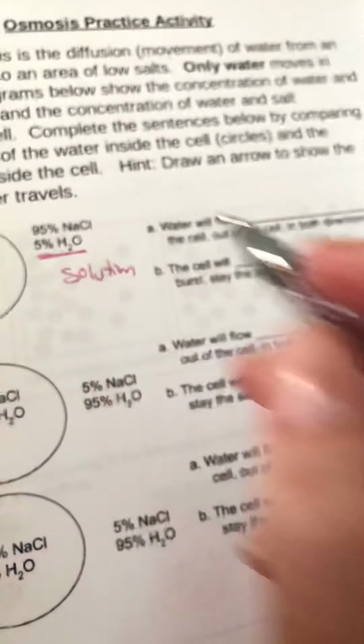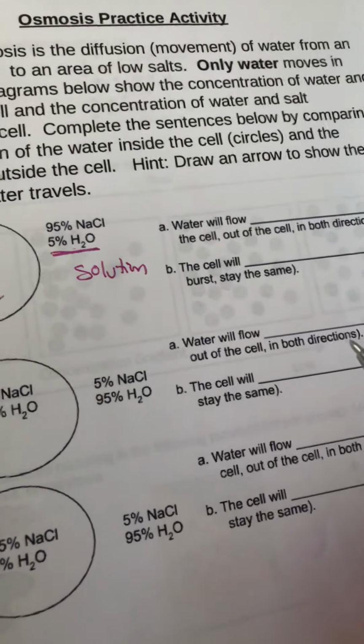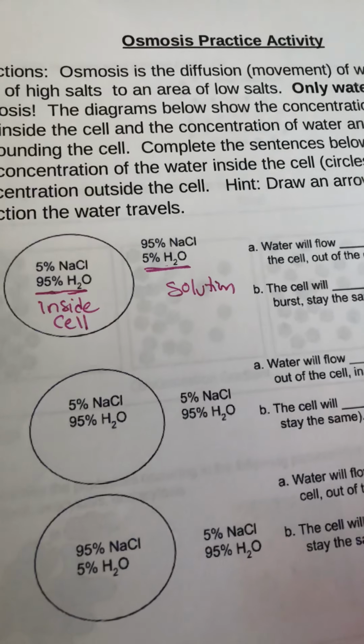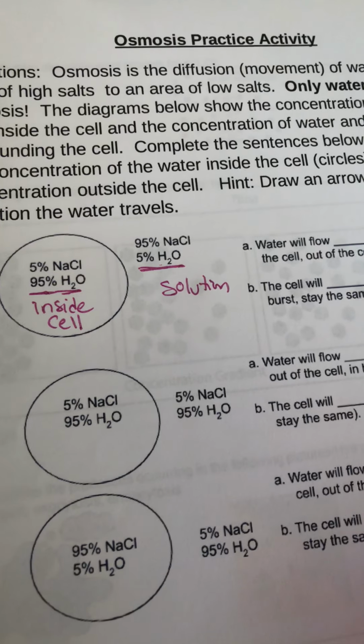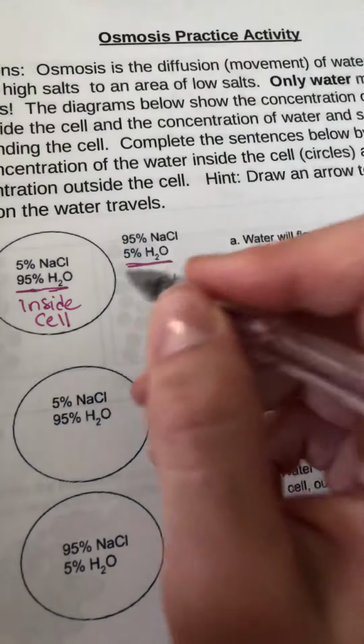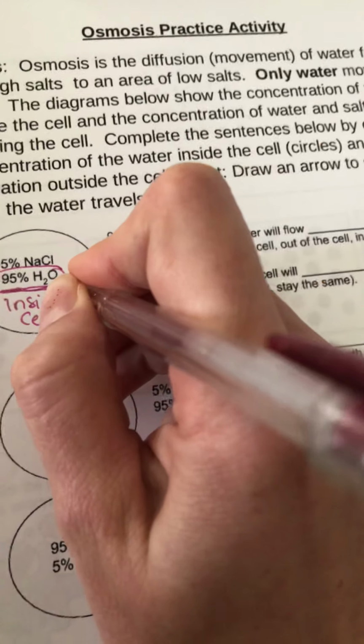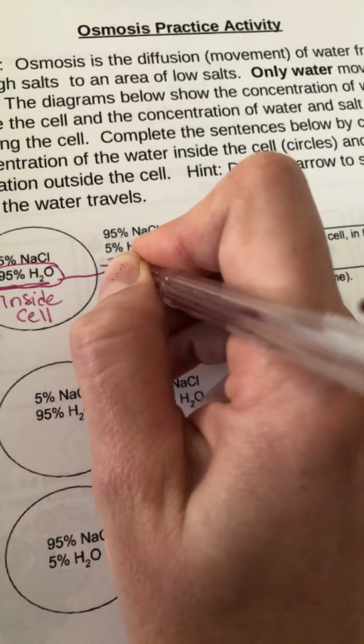the water is going to move from high water, 95%, to low water, 5%.